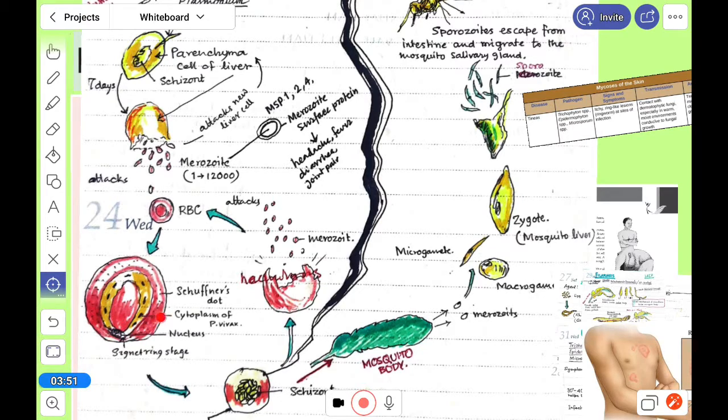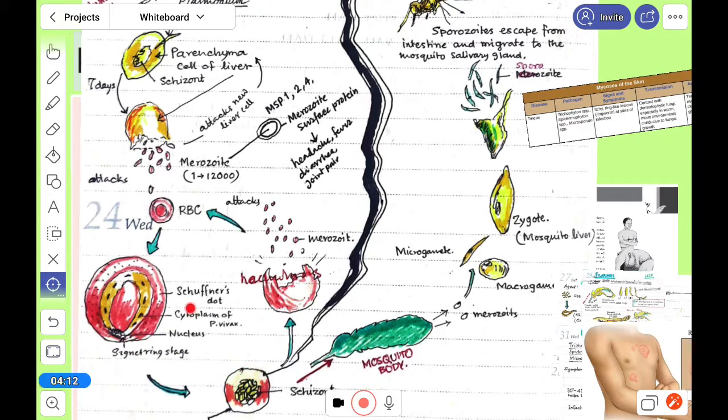This is the nucleus and cytoplasm of the Plasmodium vivax. This is a ring-type stage, which is called the signet ring stage. It is well visible under the microscope, and from that we can understand that the patient has malaria.